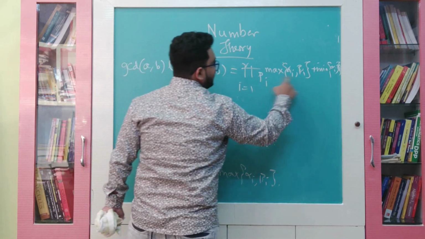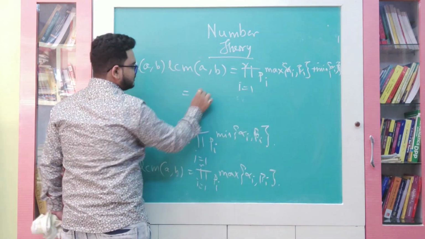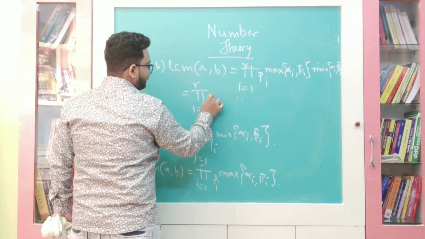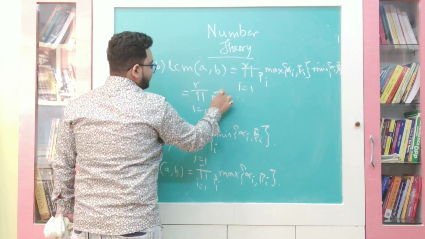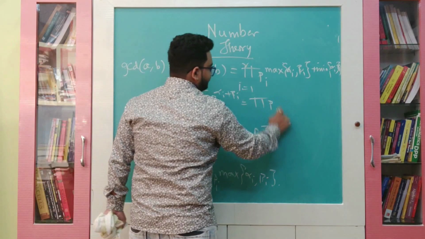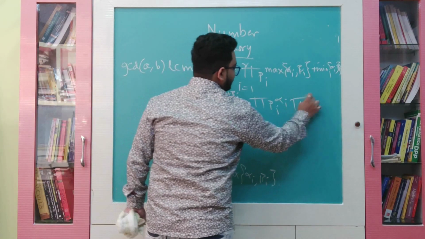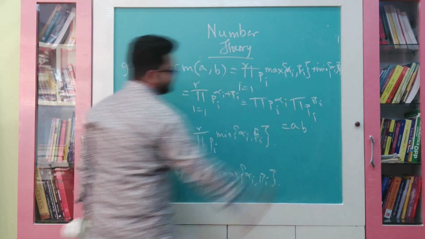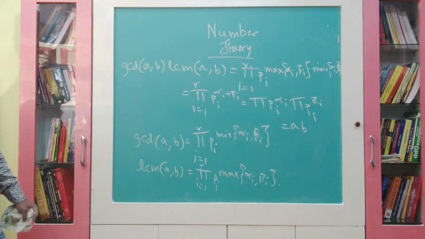But this is actually alpha i plus beta i, right? So it is the product, i runs from 1 to r, of pi to the alpha i plus beta i. This is actually the product of pi^alpha i times the product of pi^beta i. This is actually A times B.